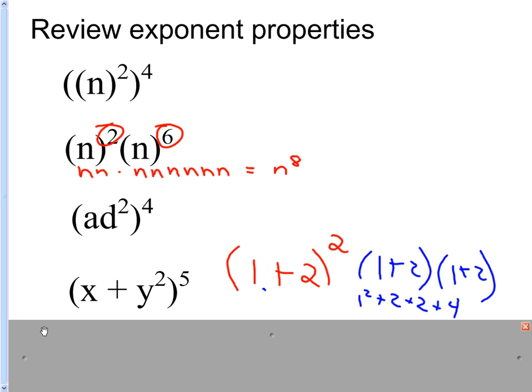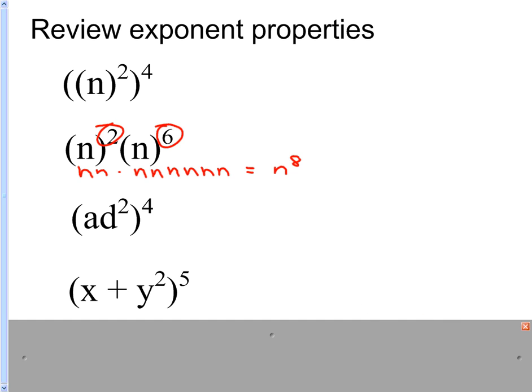So, moral of the story is this one would be a big, long, nasty answer. It is not as simple as multiplying x to the 5th and y to the 10th. You'd go x plus y squared times x plus y squared times x plus y squared times x plus y squared, and do that 5 times. And there'd be a whole bunch of FOILs you'd have to do, and then you'd have a couple of triples multiplied by each other, which we haven't even done this year, but it would just take a lot of steps to get the answer.